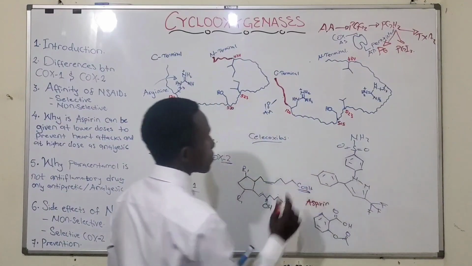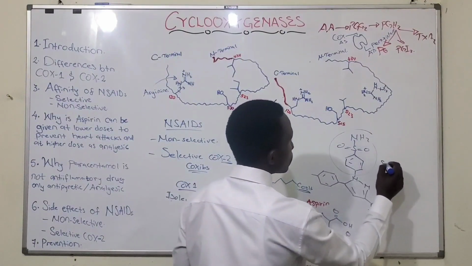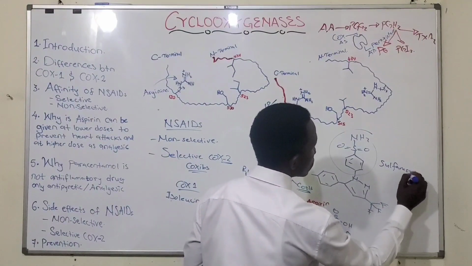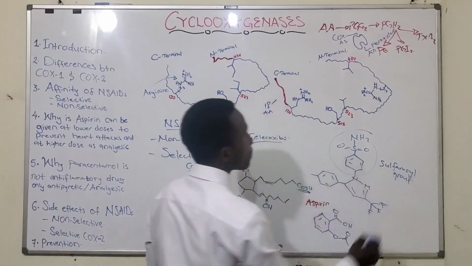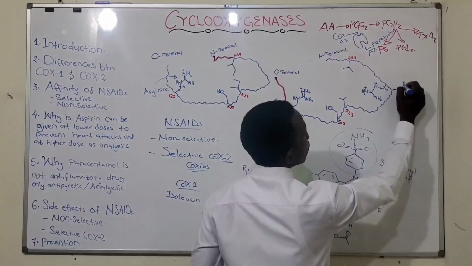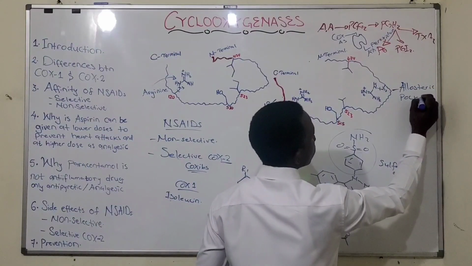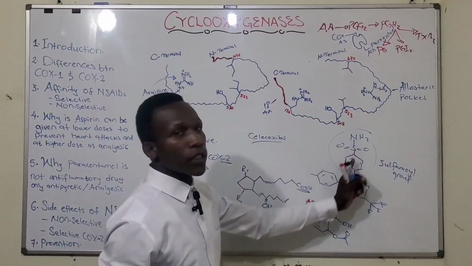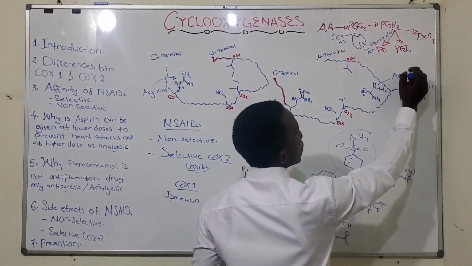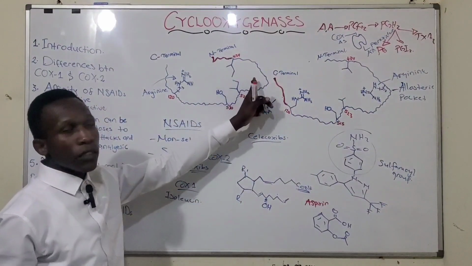This is celecoxib. Now, this sulfamyl group here can fit in this region. This is called the allosteric pocket. So this bulky group can fit in the allosteric pocket and it is stabilized by the arginine, which is not present in COX1.